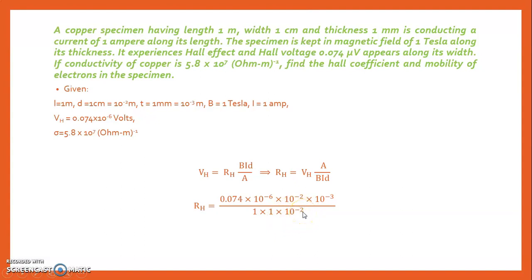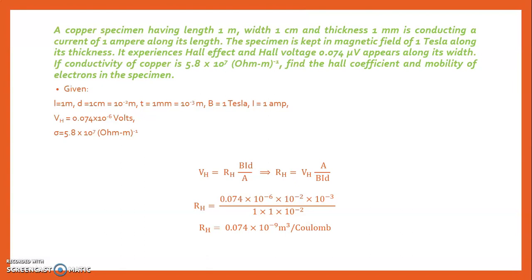When you calculate this using a scientific calculator, you will get RH is equal to 0.074 into 10 raised to minus 9 meter cube per coulomb. This is the value of the Hall coefficient.